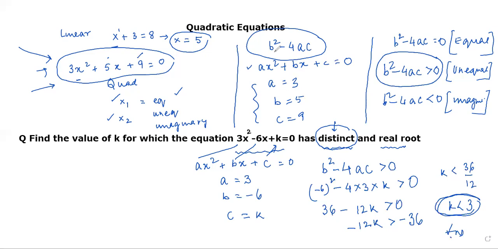Find the values of a, b, and c by comparing with the generic equation. You get a, b, c, put them here, and find out whether it comes to 0, greater than 0, or less than 0. In this question, it was already given that the roots are different. So what I used was b square minus 4ac greater than 0, the middle one. And while putting the values, I could get the value of k, and this is exactly what the question asked.